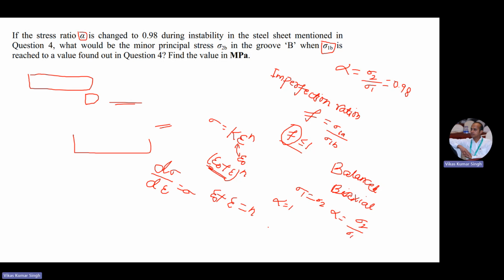Similarly, in the previous assignment we learned that beta is the ratio of strains, epsilon 2 by epsilon 1. In the case of balanced biaxial tension, the state of stress was sigma 1 equal to sigma 2 and alpha equal to 1, and the state of strain was epsilon 1 plus epsilon 2 plus epsilon 3 equal to 0. Then epsilon 3 will be minus of epsilon 1 plus epsilon 2.